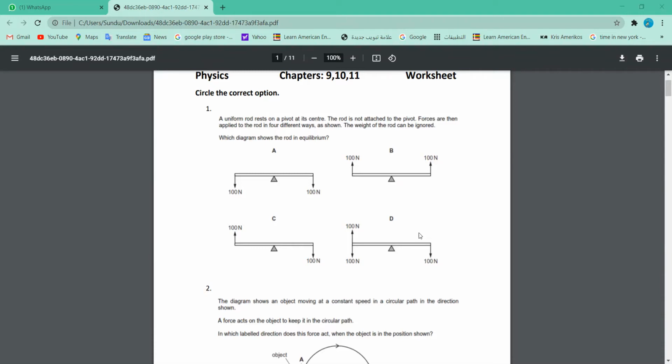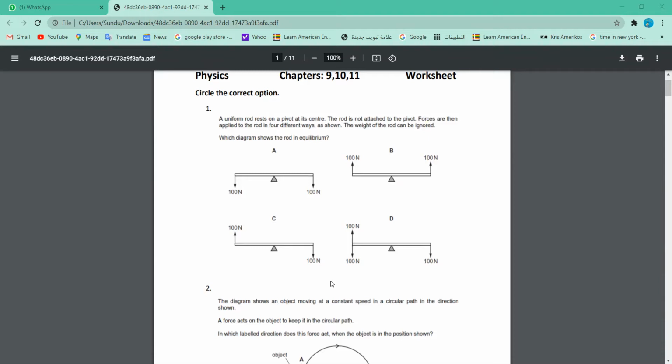Now, what were the two conditions that we discussed for anything to be in equilibrium? Ramin, can you tell me the two conditions for equilibrium? Yes, beta, what were the two conditions?